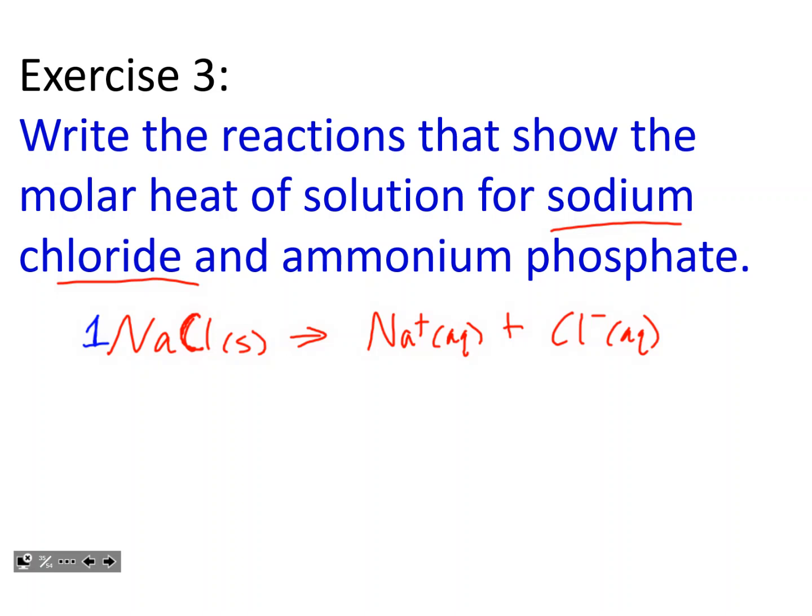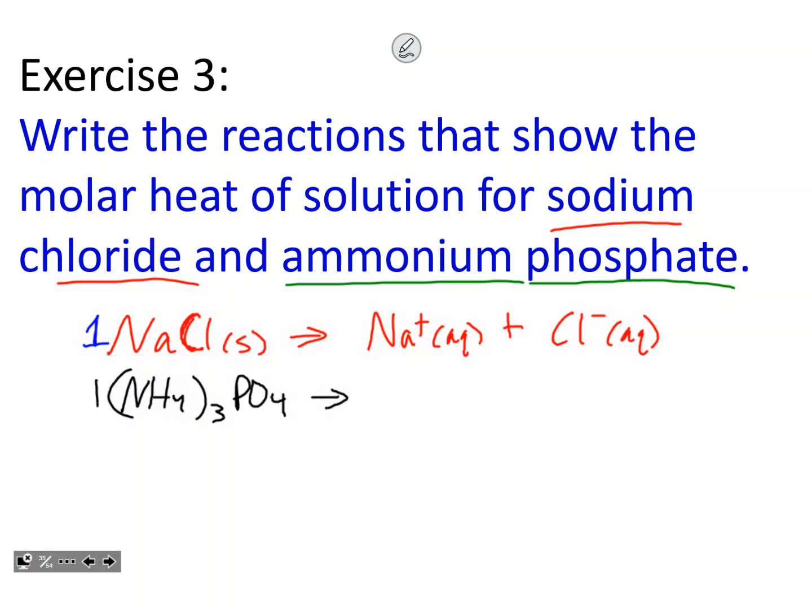The ammonium phosphate is slightly different though. What is the charge on ammonium? +1. What is phosphate's charge? -3. So our formula unit looks a little bit different to start with, because we have to have 3 ammoniums for every 1 phosphate, like so. Based on the idea that one of these is dissolving, when it breaks apart over here, how many ammoniums are we going to get? 3 ammoniums that are going to be aq.